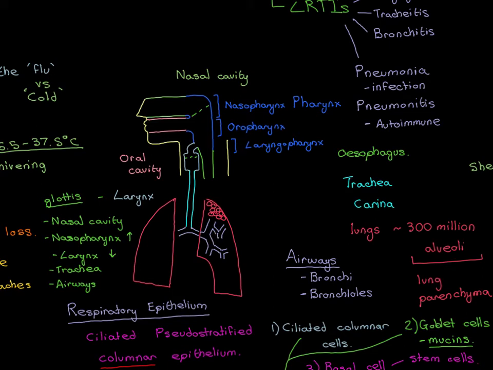But thankfully, usually the immune response gets on top of it before it makes its way all the way down to the alveoli. And therefore, usually, in most people who get flu and get better, it doesn't ever get all the way down to the alveoli, so you do not get pneumonia.